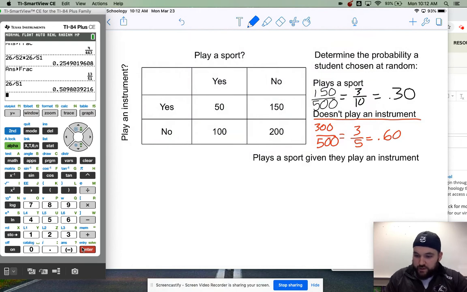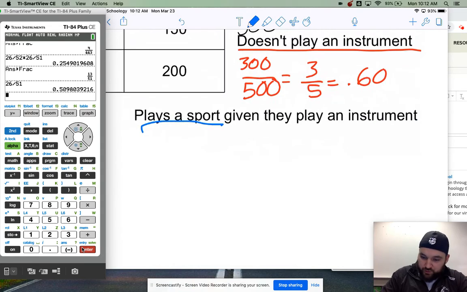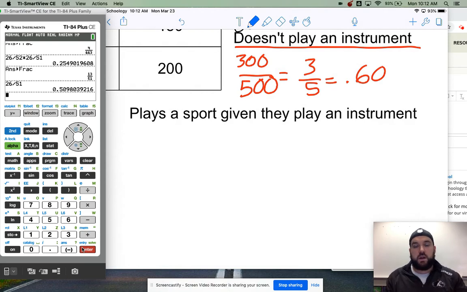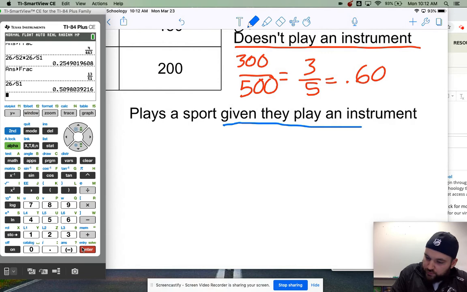And finally, we have, what is the probability that a student chosen at random plays a sport given they play an instrument? Now, here's where the new conditional probability piece comes in. For the rest of this lesson and really the rest of the unit, if you see the word given, the phrase that comes right after that is so important.